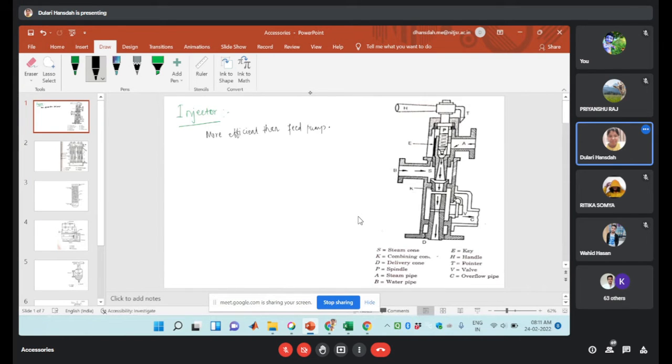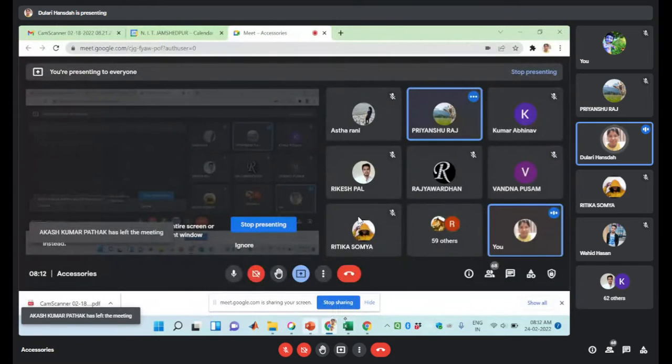The final delivery pressure of the condensate should be greater than the steam pressure to supply the condensate to the boiler. Otherwise, what will happen? The water will not enter the boiler. So it should be more pressure as compared to the steam pressure.